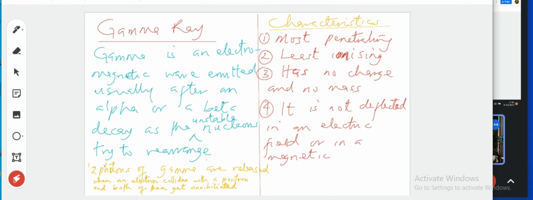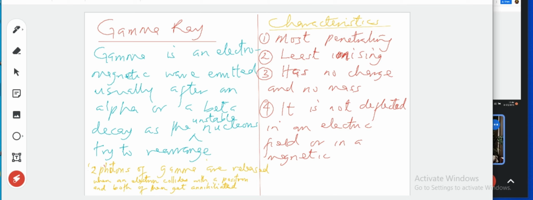To reduce the intensity of gamma, you need to use a thick lead or concrete. Gamma is never completely stopped because it's highly penetrating. It's never completely stopped by any matter.